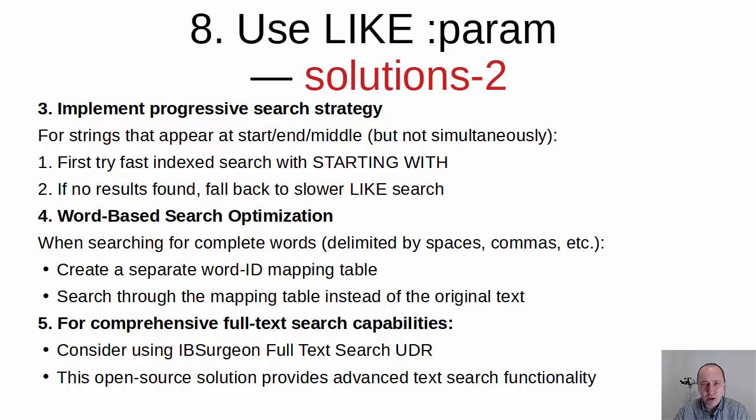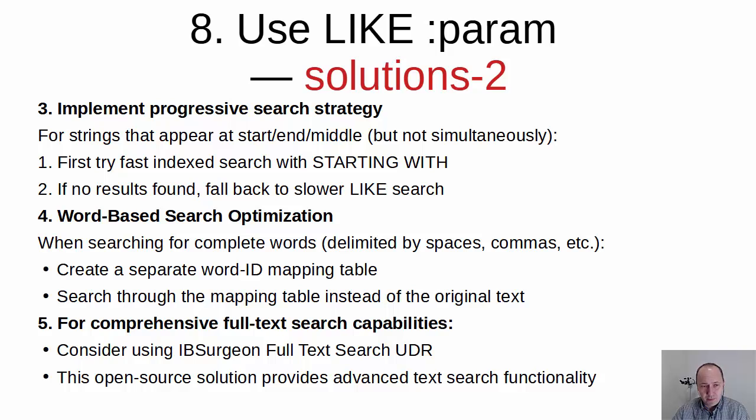If you know that you are always searching for a word or some token, you can split the original text, store these tokens in a word mapping table with the word and the IDs of the documents which correspond, and search through this table to find the original record with the full text of the string.